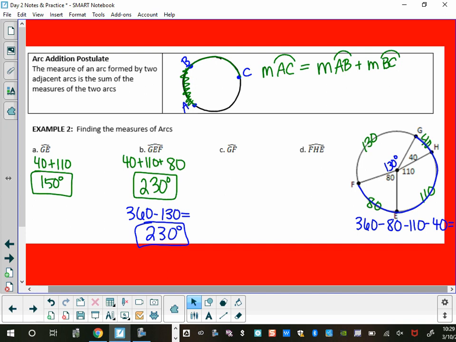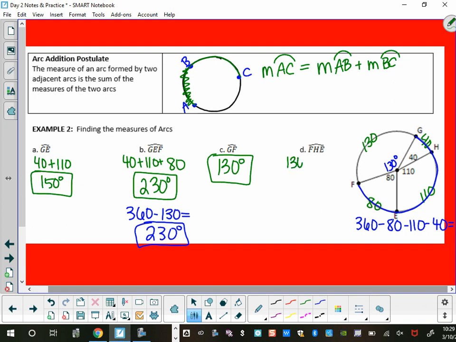Lulu, arc GF is what? 130. Good. Kenzie, arc FHE is what? So we're going from F all the way over to H and then back over to E. So we're going to add 130 plus what? 40 plus 110.